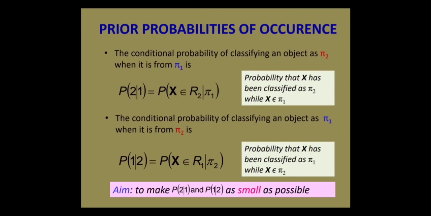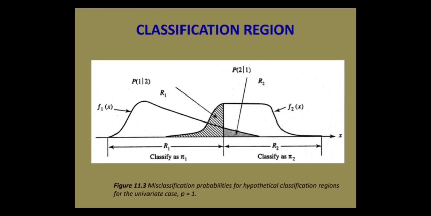Okay, the probability that X has been classified as R2, but actually it comes from f1. So actually daripada sini bila dibuat region, kita bahagikan region 1 dengan region 2, so dia termasuk dalam region 2, but actually it belongs to R1.